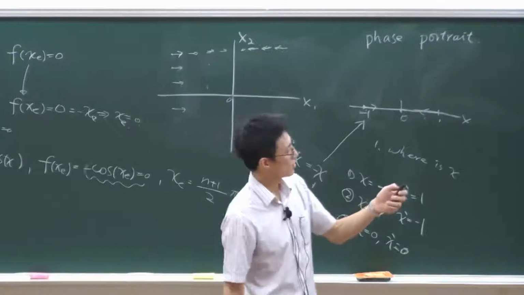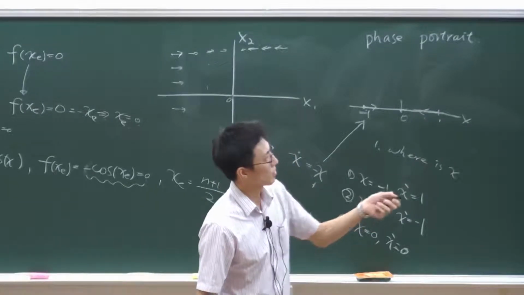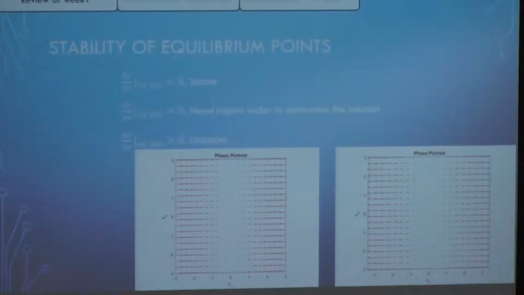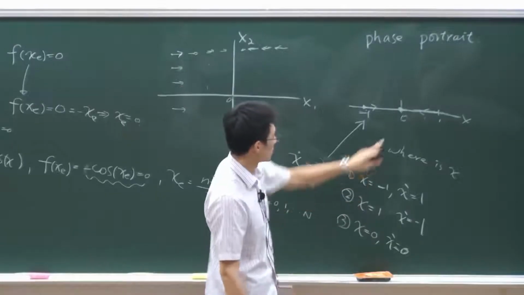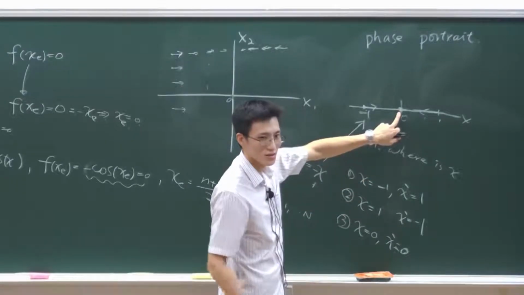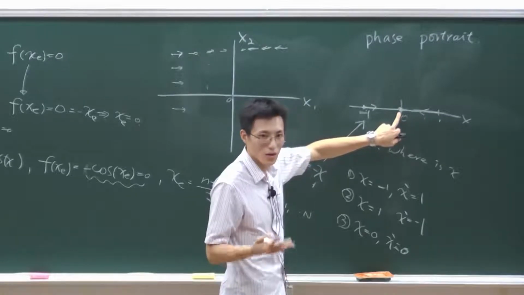And here, in this page, we are talking about the stability of the equilibrium point. So we care about the stability at this point. Okay? Because of 0 velocity, it's hard to imagine whether it's stable or unstable.